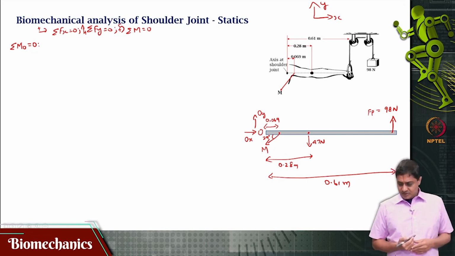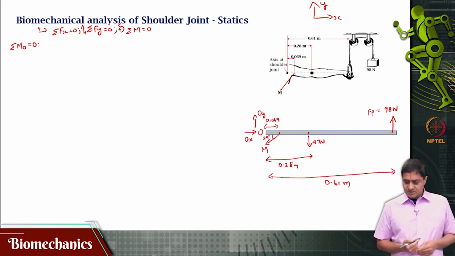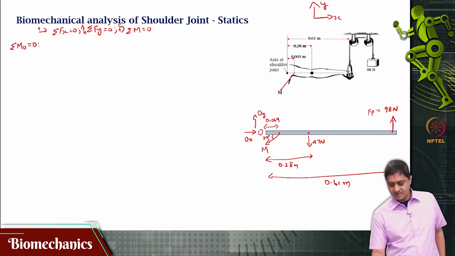Let us write out the moment equation. Let us expand this. What are all the various forces that will cause a moment? Before that, let us analyze the muscle force alone. The muscle force is the force that is inclined at some non-zero or non-90 degree angle, some inclination that is not 0 or 90.